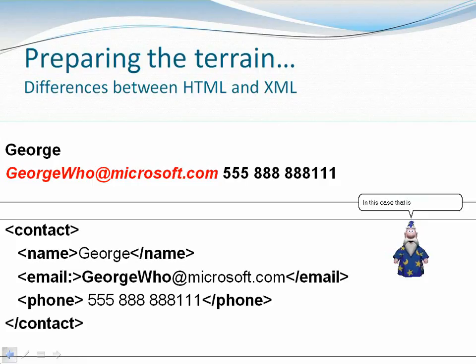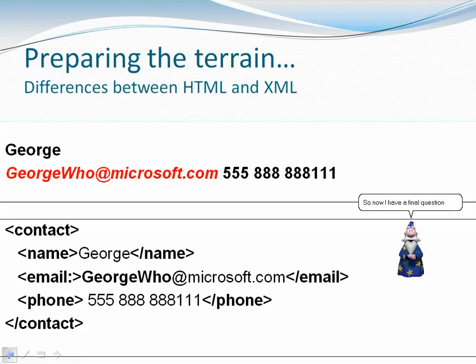In this case, that is the right answer. George is a name because the tag surrounding it specified it as a name. Great, isn't it? The tags, in this case, are very meaningful and not just used for formatting. We can now see that the number at the end is actually a phone number.